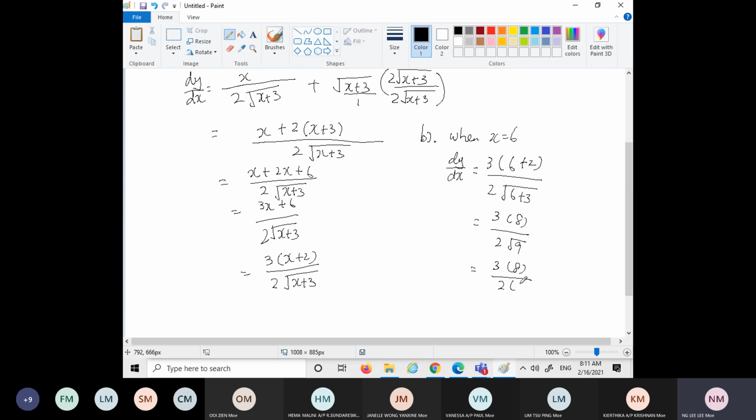Square root of 9, you get 3. So here cut, here cut. Therefore, the answer is 4. So you can write: gradient of tangent at x equal to 6 is 4.